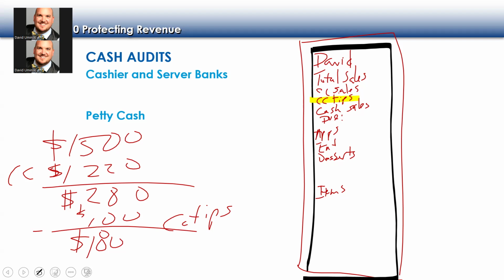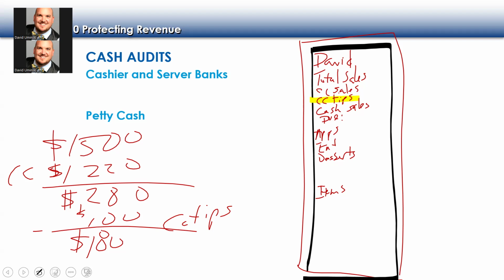So when those tips go out on the credit cards, they usually take it out of the cash that you owe, so that way you have your credit card tips. Some businesses put it onto your paycheck.